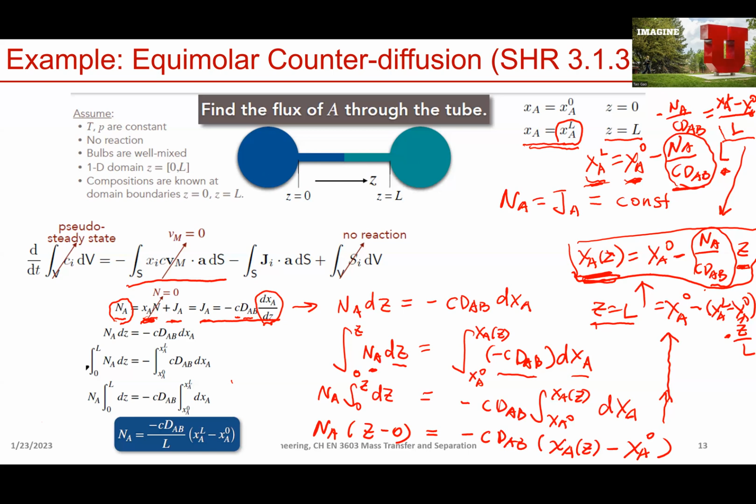And we know that there's no bulk flow, so in the whole system we study, the total mole flux should be 0. If there were a forced flow, then it would not be 0. Yes.